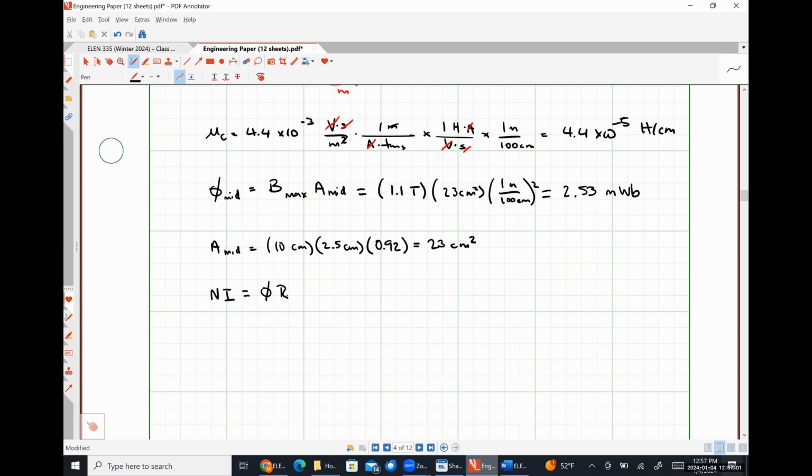That's my Ohm's law for magnetic circuits. I'm solving for I. So that's just going to be my flux times my reluctance divided by the number of turns. So that's what I'm aiming for here, trying to piece together what I'm trying to find.